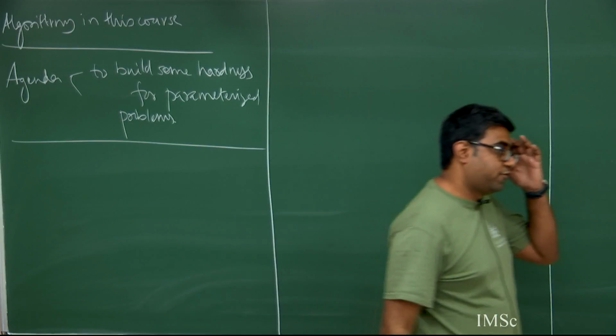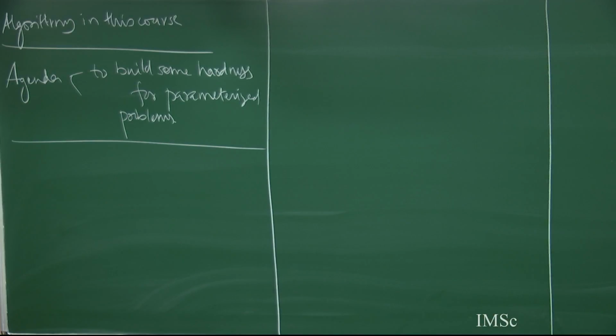Okay, so let's start from the NP completeness reduction, which we all know, or the many-one reduction.